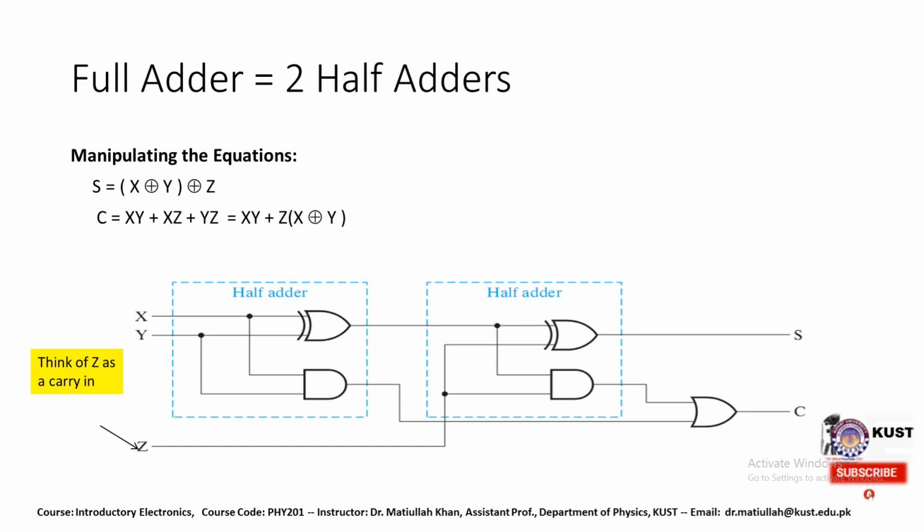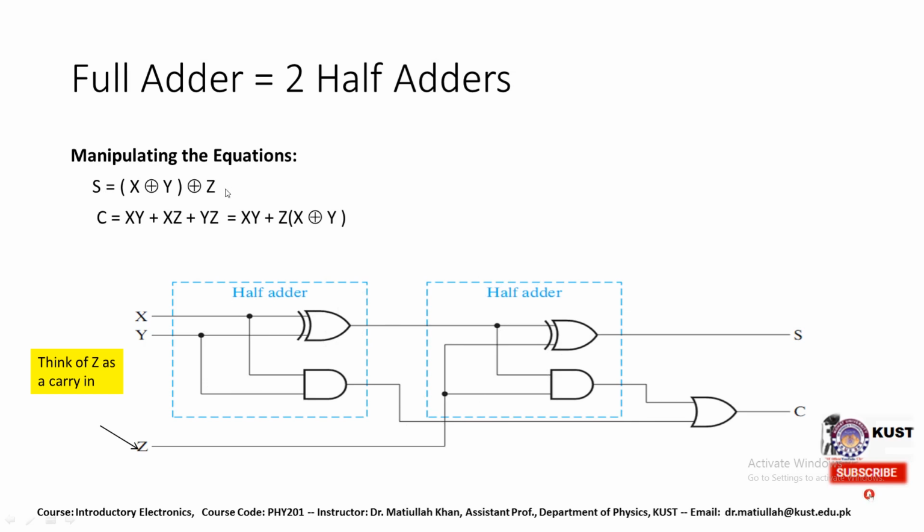Here we have the half adder enclosed in this rectangle, and this is another half adder. So the combination of this half adder and half adder will lead to the full adder.